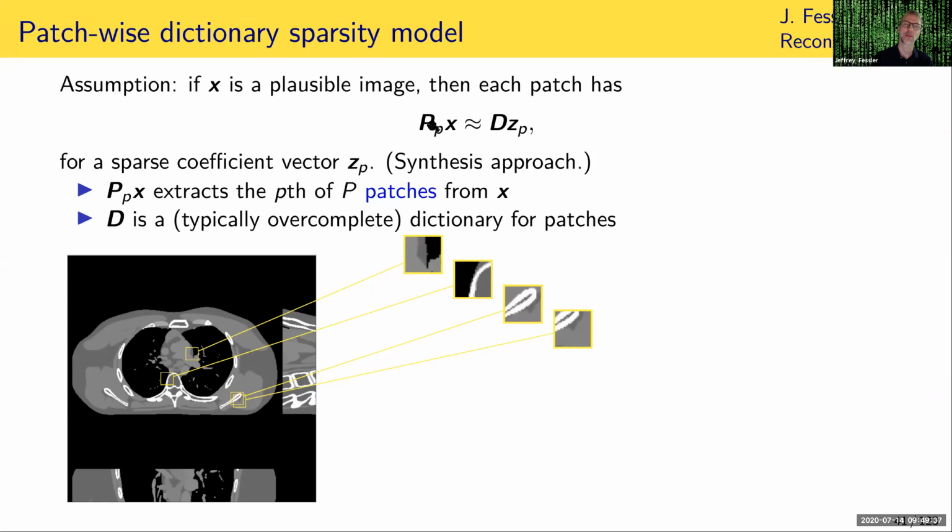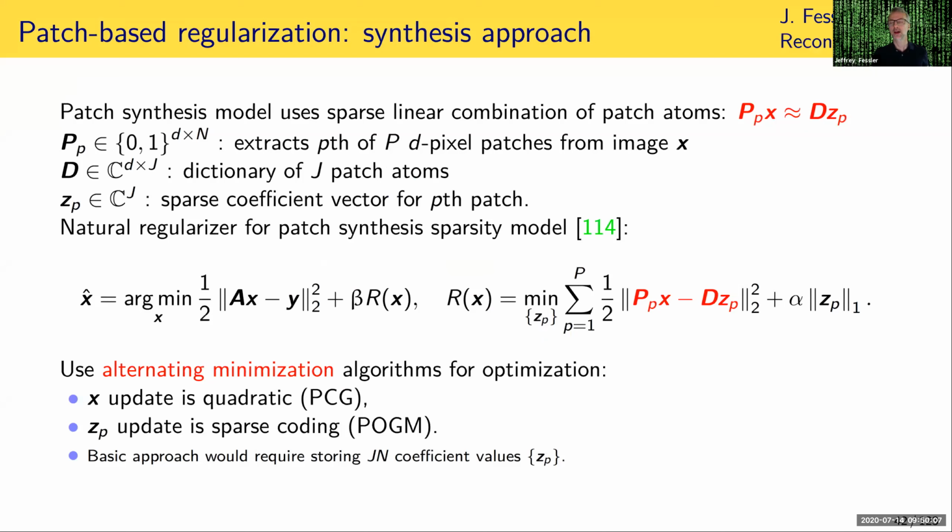That matrix is a very wide matrix that is mostly zeros and a few ones that just picks out the pixels in this patch, in this case, actually a 3D volume. And we're assuming that that patch can be well represented, approximately at least, by a sparse linear combination of a typically over-complete dictionary. This dictionary now only needs to model patches, not the entire image. Much more feasible and reasonable approach. All right, so that's the concept.